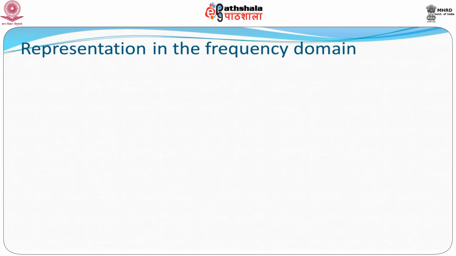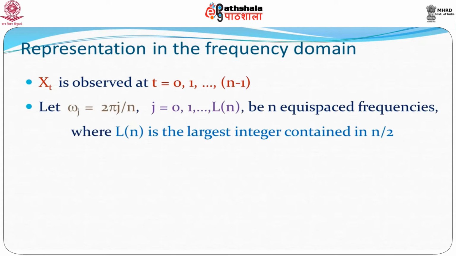To look at the periodogram, let us begin with the data. So, we have x_t, which is observed at time t equal to 0, 1 to n minus 1, and we will be looking at the frequencies omega_j, which are 2 pi j by n, where j runs from 0 to l_n.